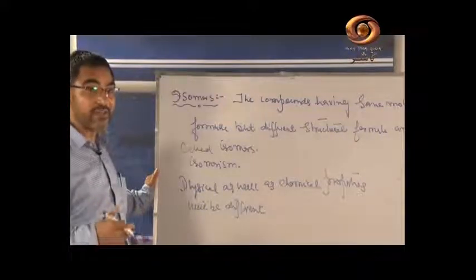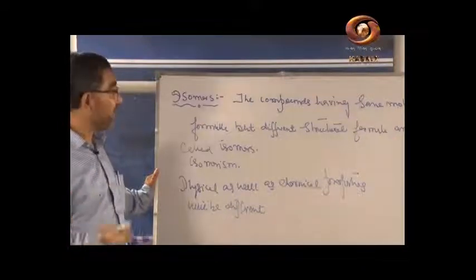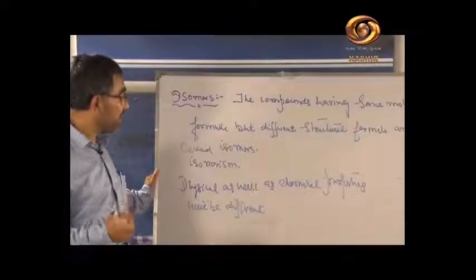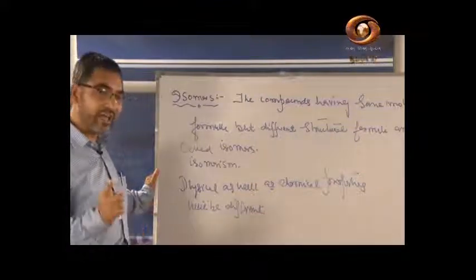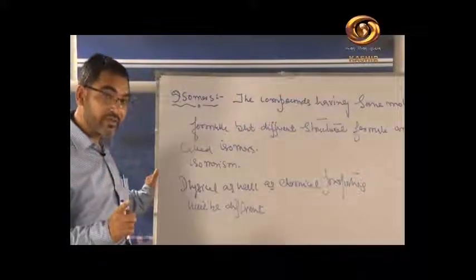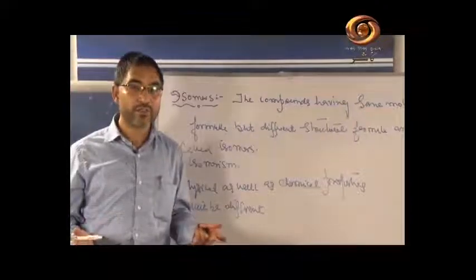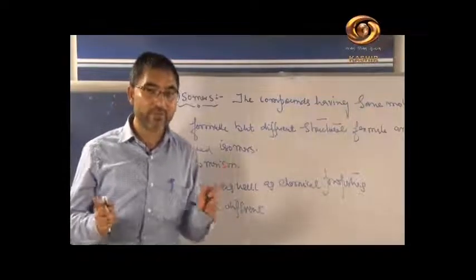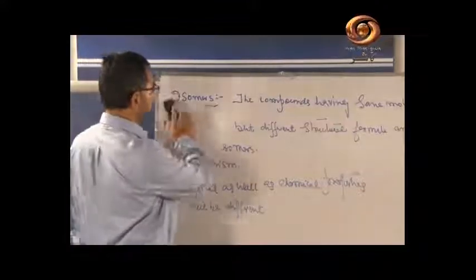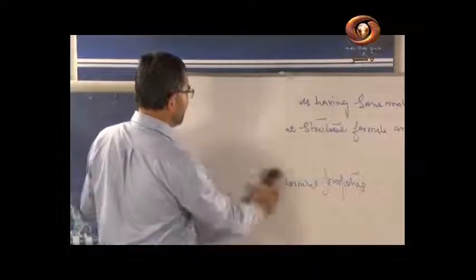So their chemical and physical properties are entirely different, but that is beyond the scope of this class. Here you should remember that isomers will have either different physical properties, sometimes different chemical properties, or both different.